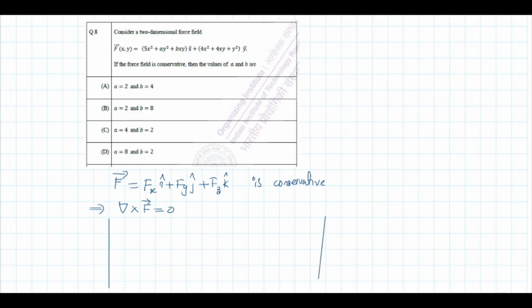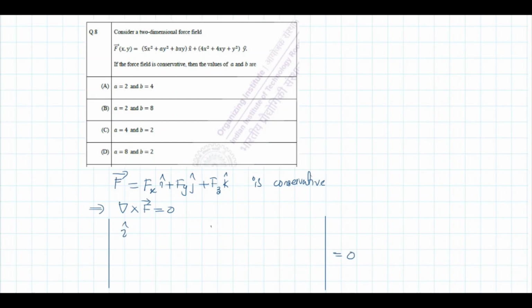If a force field F equal to Fx i cap plus Fy j cap plus Fz k cap is conservative, that means del cross F is 0. So here we can calculate del cross the given vector field. What is del cross F?